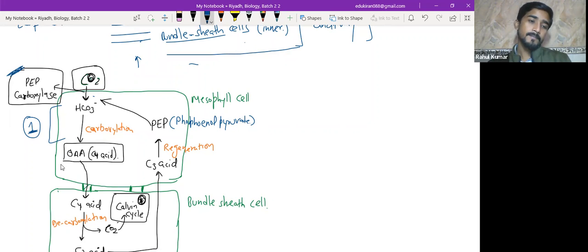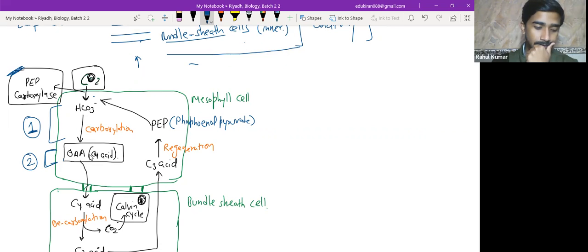Second, write down: oxaloacetic acid converts into other types of C4 acids. So oxaloacetic acid is one type of C4 acid. So this is the second stage, where oxaloacetic acid converts into other types of C4 acids.